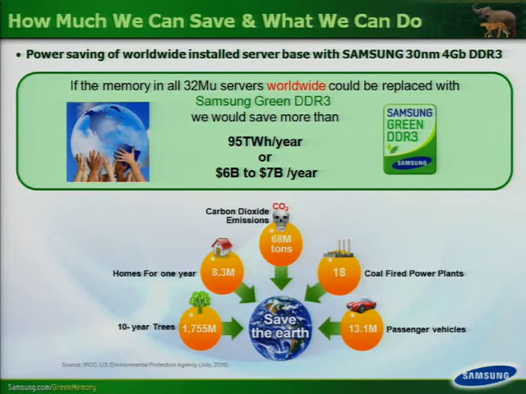In terms of saving the 95 terawatts of power per year, when you replace the 32 million servers, it translates into $6 to $7 billion of saving per year, or 68 million tons of CO2, or eliminating the need for 18 power plants, or eliminating 13 million cars off the highway per year.